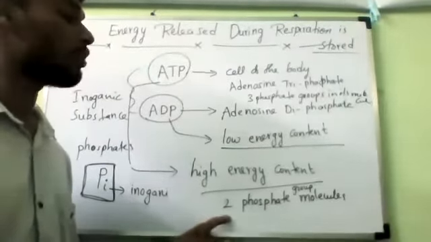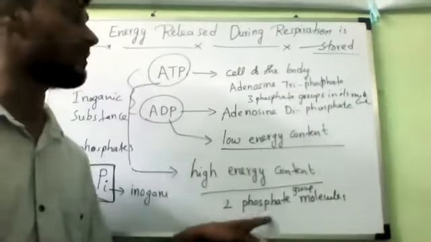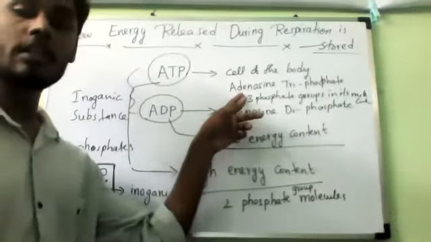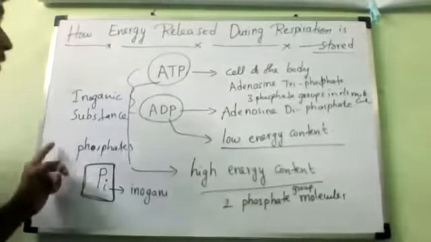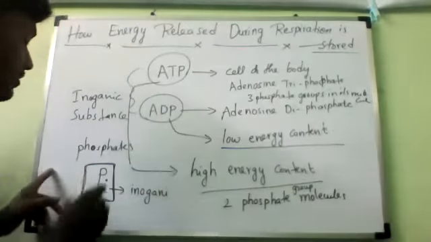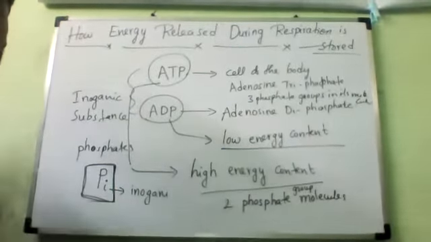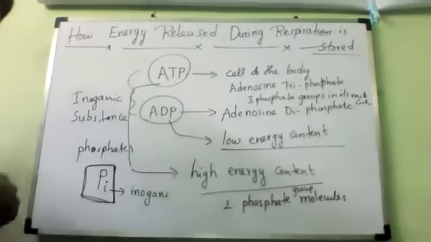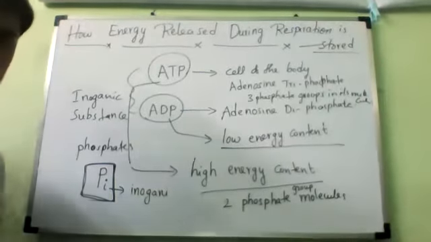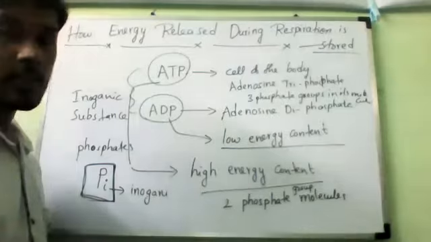Two phosphate groups are present in ADP, three phosphate groups in ATP, and both phosphates are inorganic substances, so we represent them with Pi. P indicates phosphate group, I indicates inorganic. All of you should write it. Do it fast. Once it is over, you can tell me.